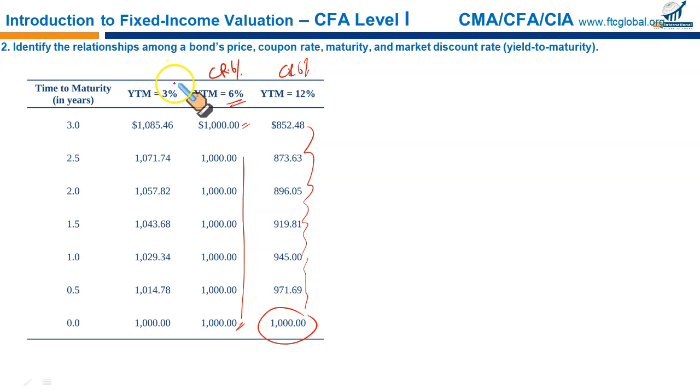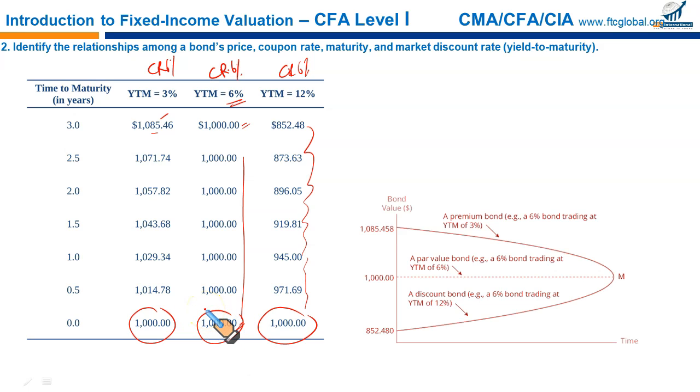And in the same case, if the coupon rate is 6% and YTM is 3%, the bond will sell at a premium. This premium will be amortized over the period and the bond price will converge to par at the date of maturity. This can be simplified in this way: a premium bond will converge to par at maturity. A bond at a discount will again converge to par at maturity.